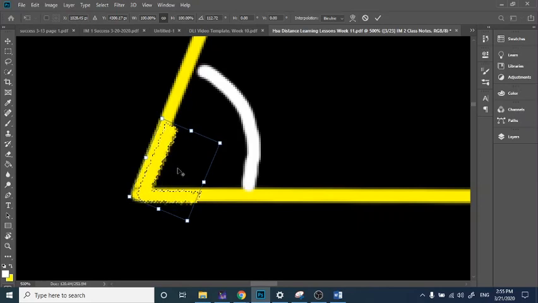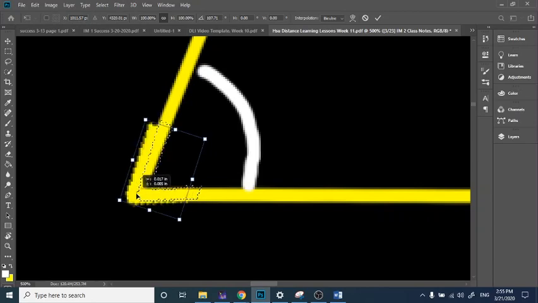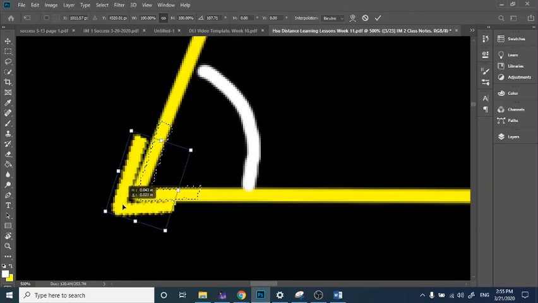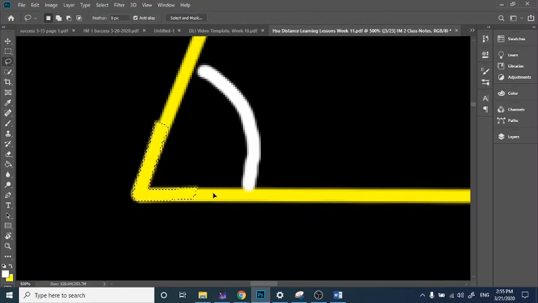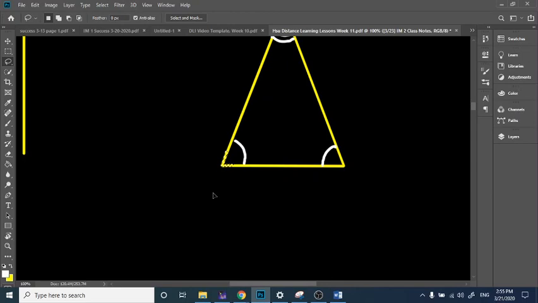So just put that over there. All right. So if I were to do this, notice I'm just putting it right onto there. They match pretty much perfectly. So we have 2 more congruent angles.